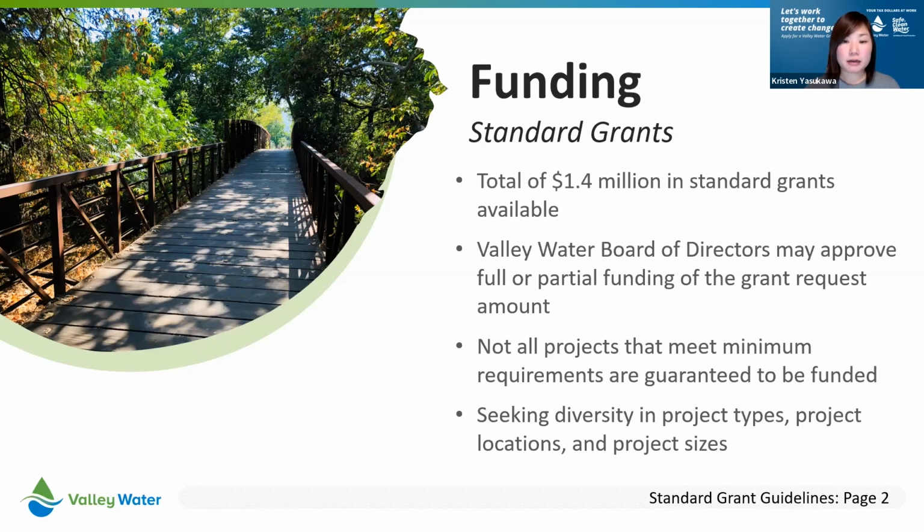So what we recommend for projects that do have multiple benefits, that's always a plus, but it comes down to the point system and the evaluation, which we'll go over in more detail. So we would recommend you go through the standard grant guidelines and look at the point system and the criteria for each of the project types and see which one most closely represents your project, because that's what they would use.